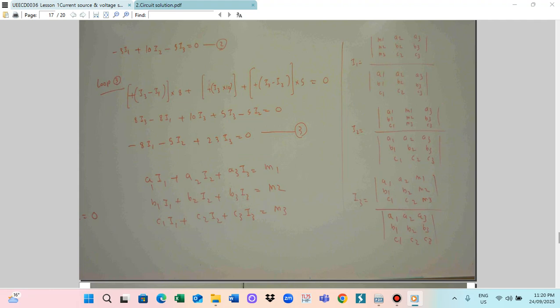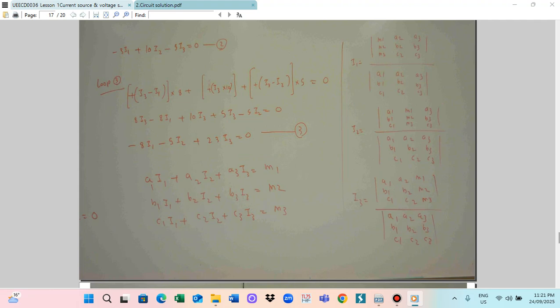Opening it up: 8I3 minus 8I1 plus 10I3 plus 5I3 minus 5I2 is equal to 0.